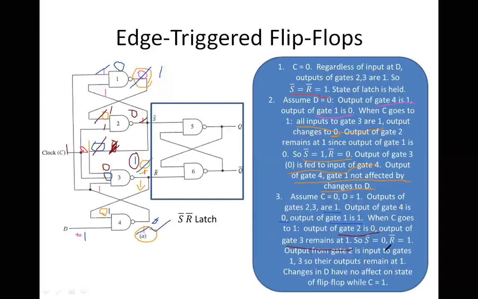So what is the final value here? 0 and 1. So S bar is equal to 0, and R bar is equal to 1. So these are our final values, the values that you see here. Output from gate 2.